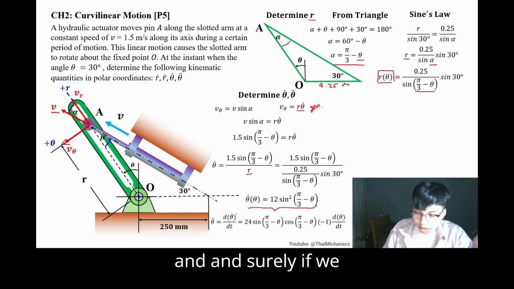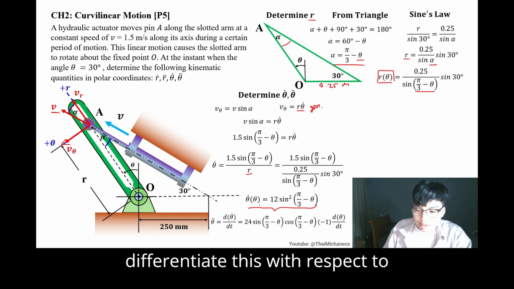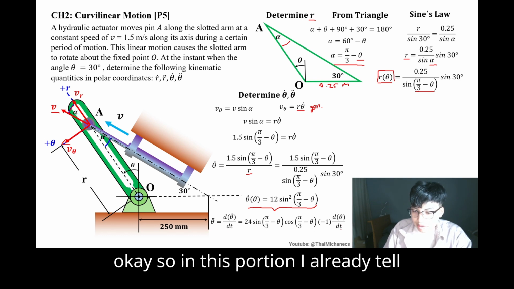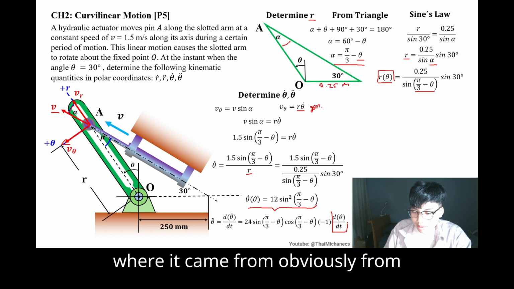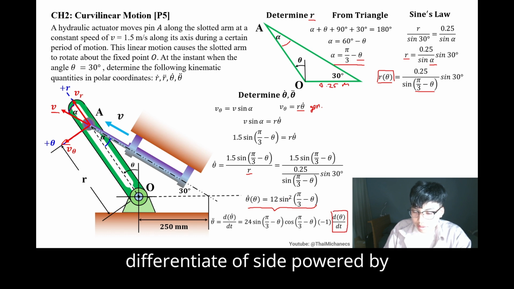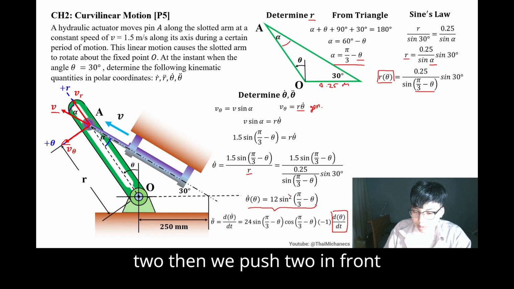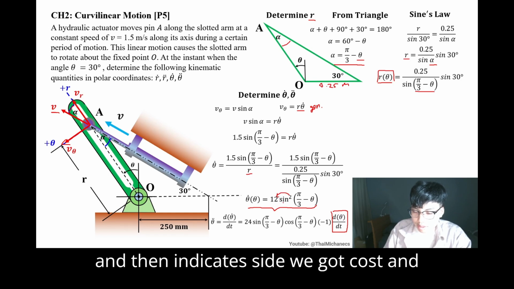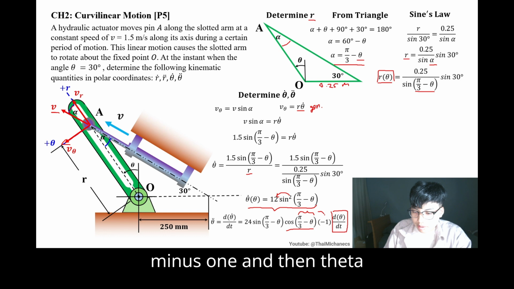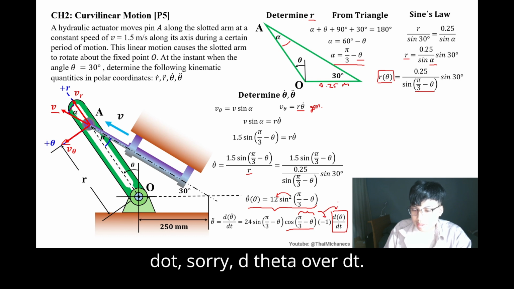And surely if we differentiate this with respect to time, we will get our theta double dot. In this portion, I already show where it came from. Basically from differentiating the sine to the power of 2, we bring the 2 in front, then the derivative of sine gives cos, and then differentiating what is inside gives minus 1 and then theta dot, the d theta over dt.